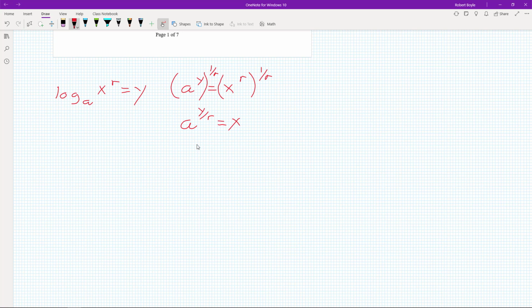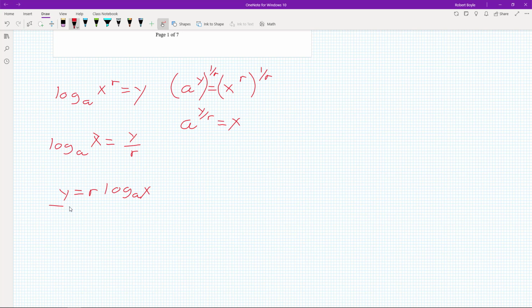Well, if that's the case, then that would imply that the log base a of x is equal to y over r. And then solving for y, we would have that y is equal to r log base a of x.